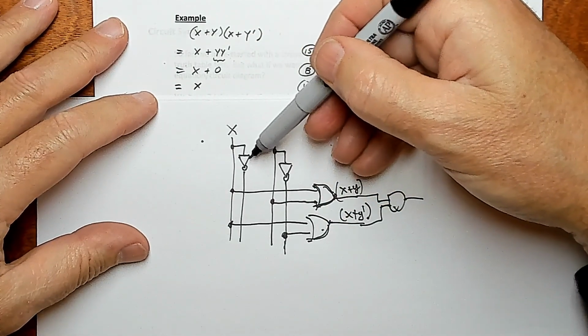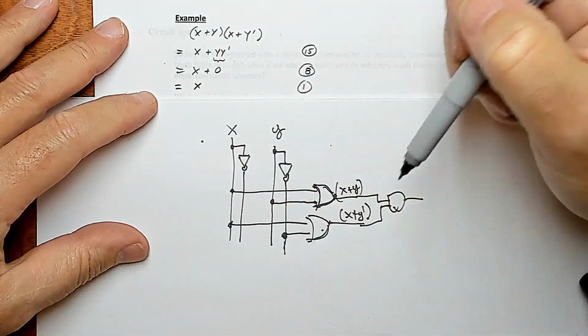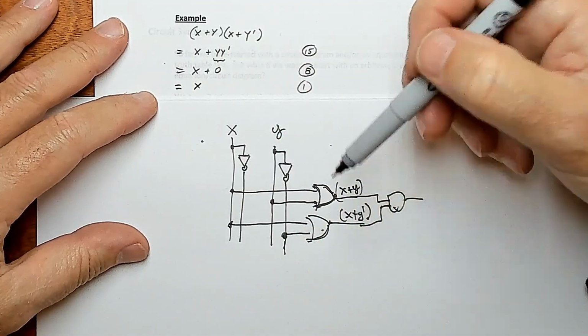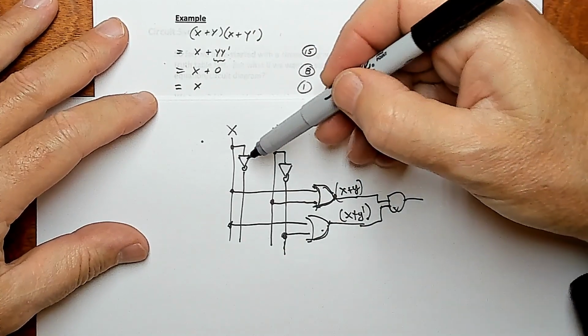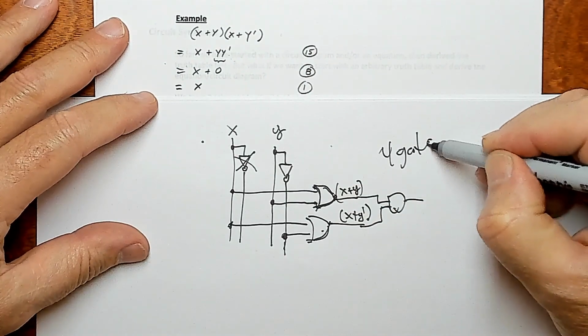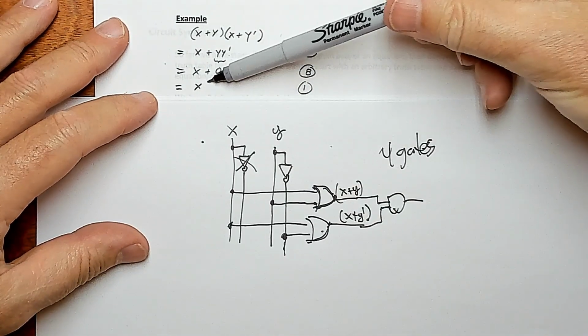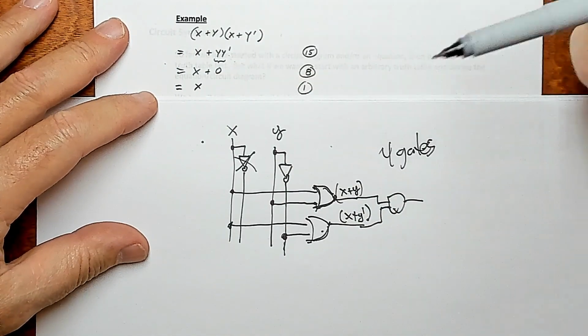We don't need this one, but this is a nice, kind of a clean way to draw gate diagrams. But of course, in this case, we don't really need x. But still, it's 4 gates that we actually need. So what this simplification is saying is that all we need is x, right?